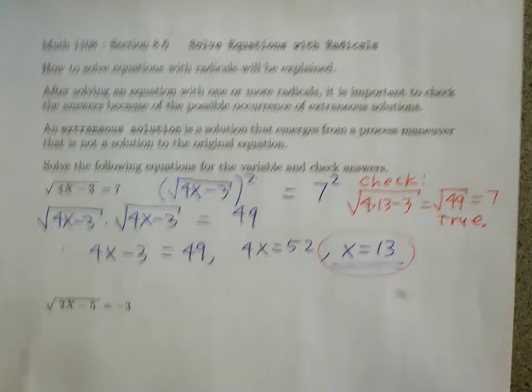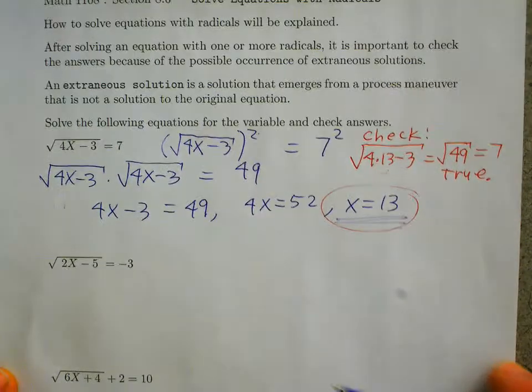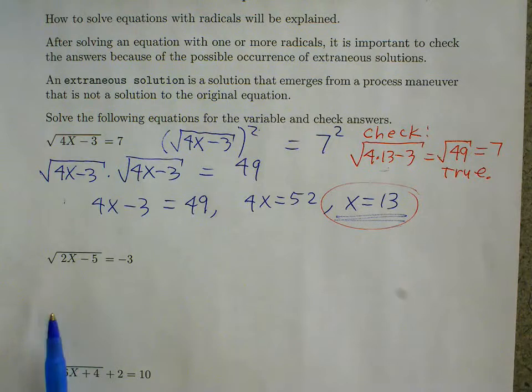Okay, the next equation, we have the principal square root of 2x minus 5 equals negative 3. So based upon what we've discussed so far, how should we proceed with this equation?